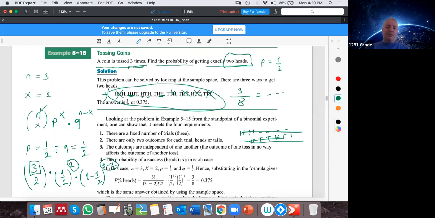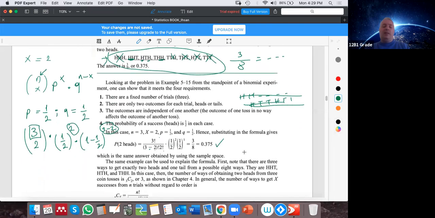This total, don't forget, will always be the number of experiments. When we do the calculations, we can do them by ourselves: 3 factorial over 3 minus 2 factorial times 2 factorial, and then the result comes out. Or, if you have a scientific calculator or an online website, it is called Binomial PDF.